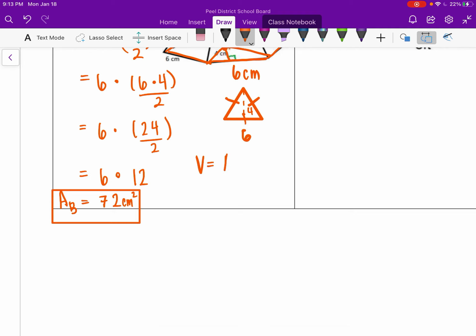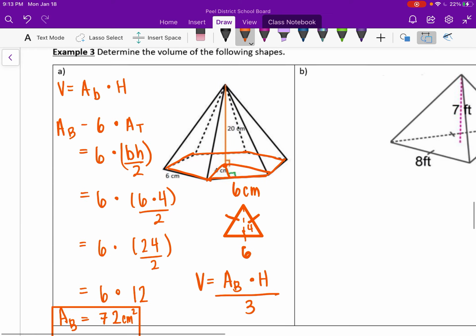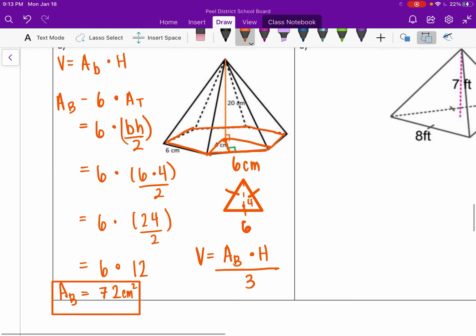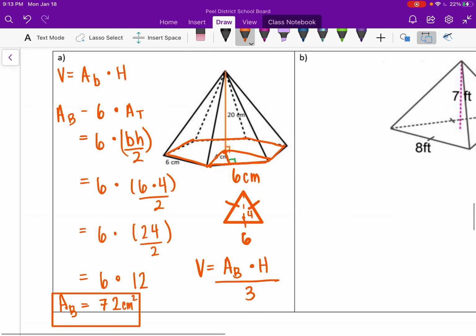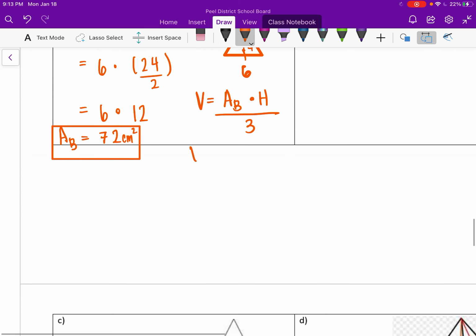So I want to find my volume. Volume is area of the base multiplied by the height divided by 3, because that's what it is for a pyramid. I know that my height is from this apex all the way down to here, and I know that's 20. So volume is equal to 72 times 20 divided by 3, right?